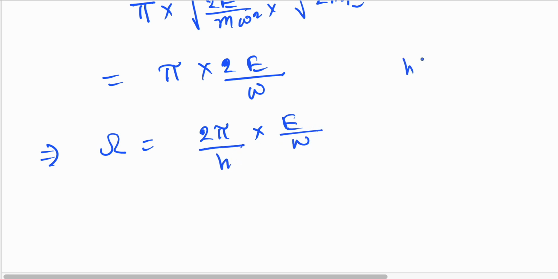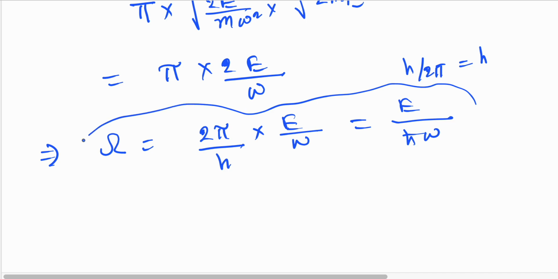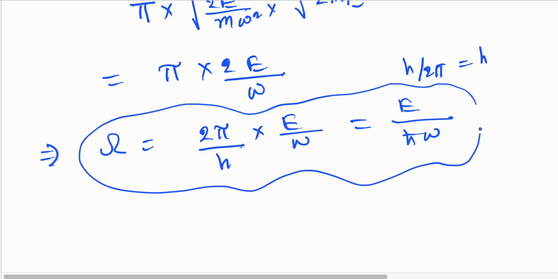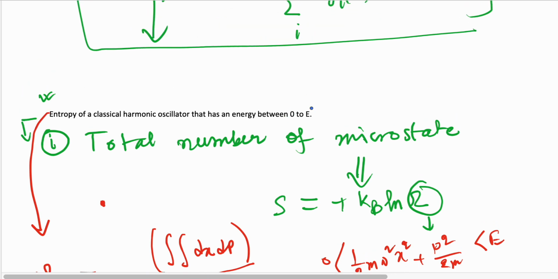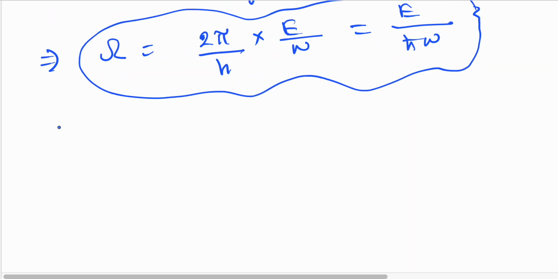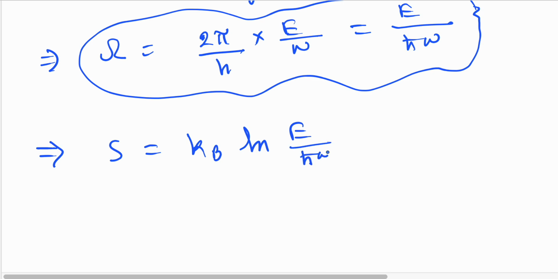We know that h by 2 pi equals h cut, so that means E by h cut omega. So this will be the total number of microstates if the particle possesses energy between 0 to E. So what will be the entropy? Entropy will be kB ln(E by h cut omega).